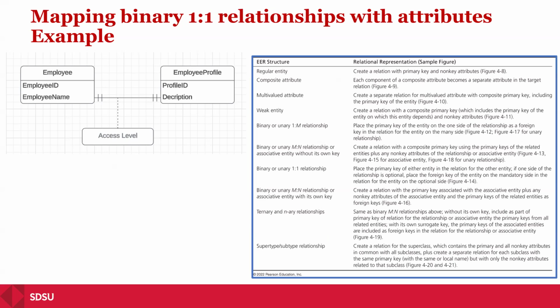All right. So here we have a very interesting scenario. It's a one-to-one relationship. It's binary, right? Because we have two entities, but we don't have an optional side of the relationship on this side. So even though we don't have an optional side of the relationship, we still know that employee profile depends on employee.